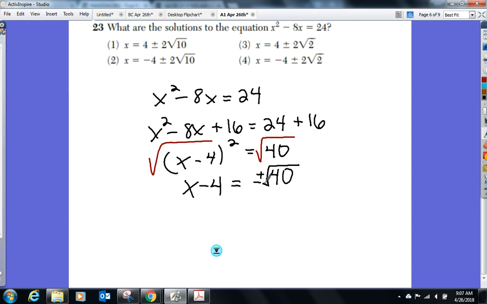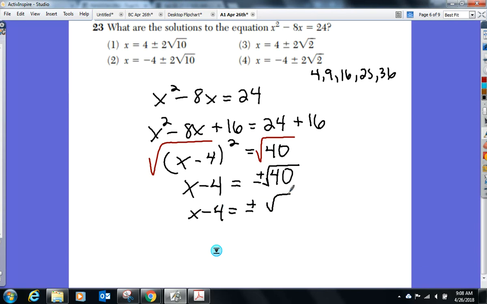All right, so I need your help breaking down 40 now. Remember our perfect squares. What were our perfect squares? Ready? 2 squared. 3 squared. Okay, out of these, which one's the biggest one that goes into 40 evenly? Evenly, no remainder. 4 goes in, right? Okay, so remember how we did this.